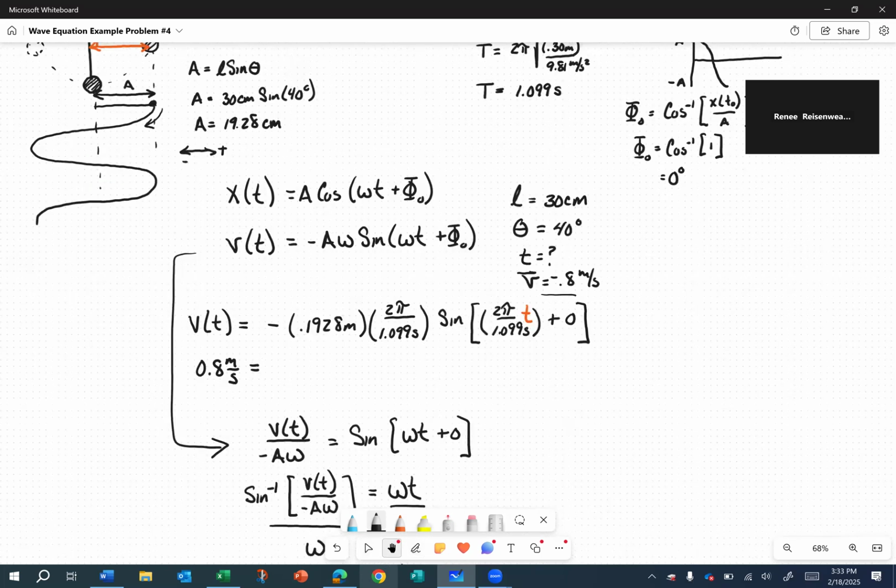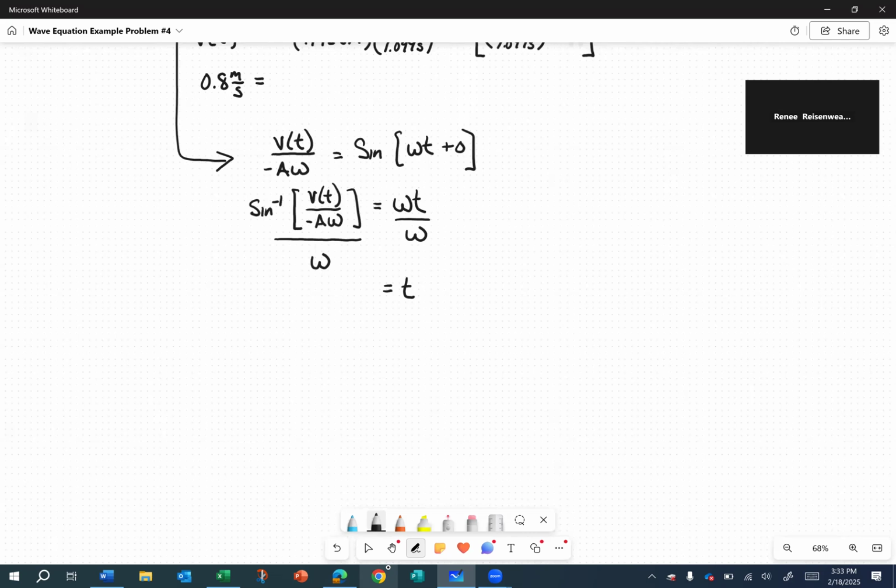So when I put in my values to solve for t, I'm going to get the inverse sine of negative 0.8 meters per second divided by negative, the amplitude, 0.1928 meters times the omega, which is 2 pi divided by 1.099 seconds.